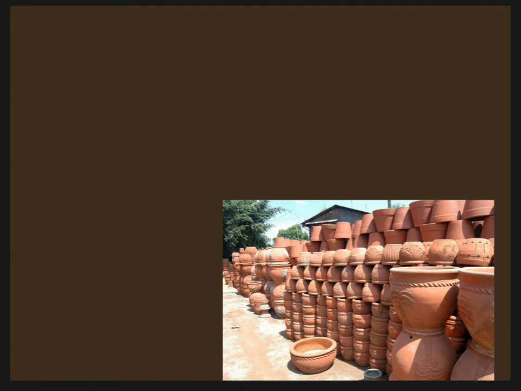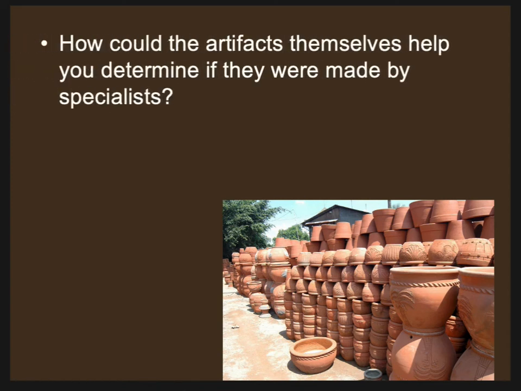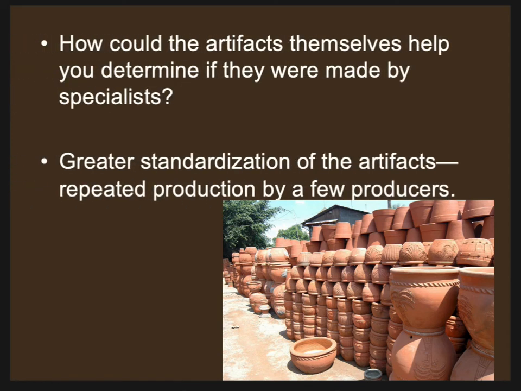Sometimes when you identify these kiln wasters, you can measure them and see if there is a lot of standardization in those vessels. And if they're pretty standardized, they were probably made by craft specialists. So looking at the vessels, essentially looking at the variation: less variation, more standardization.